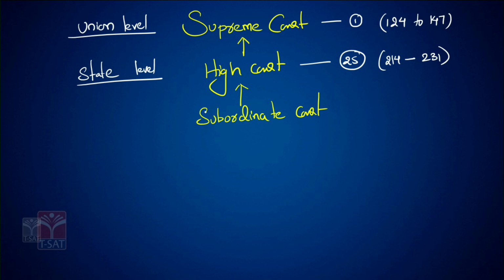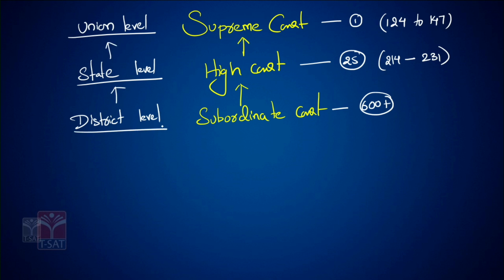Now, there are 600 plus subordinate courts in the country, and this is at the district level. We have union, state and district level courts, and Articles 233 to 237 deal with the subordinate courts in the country.